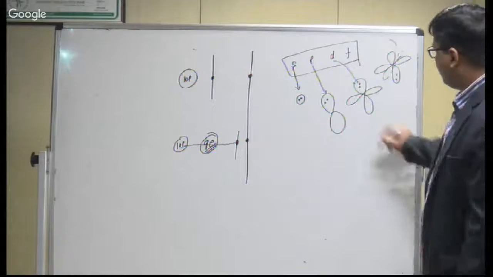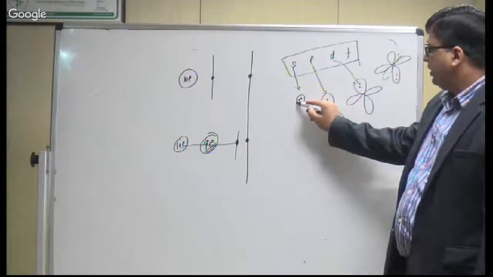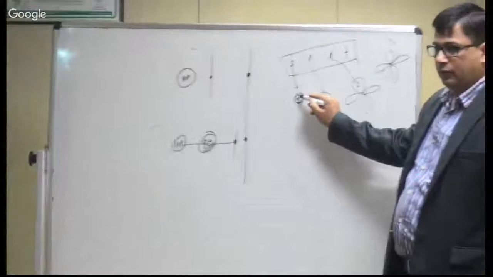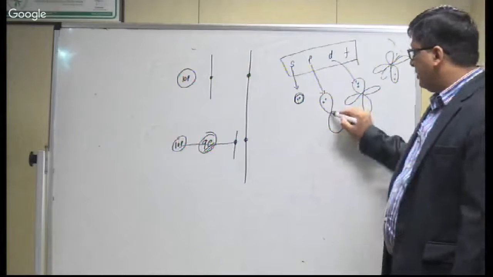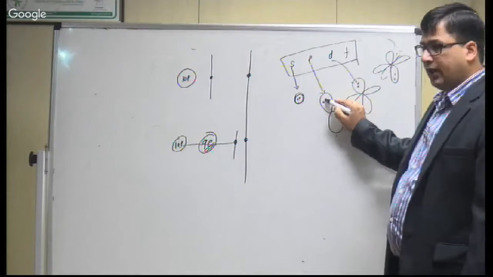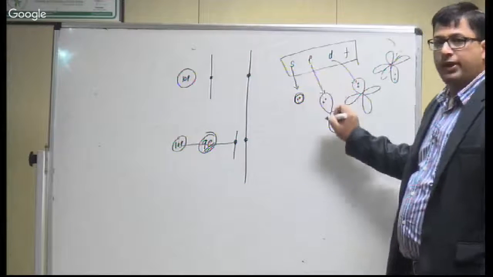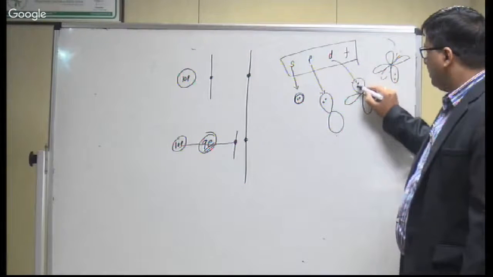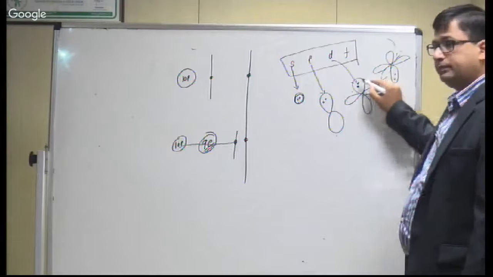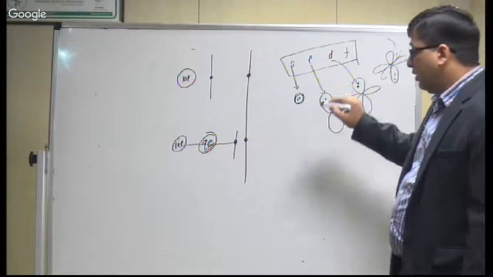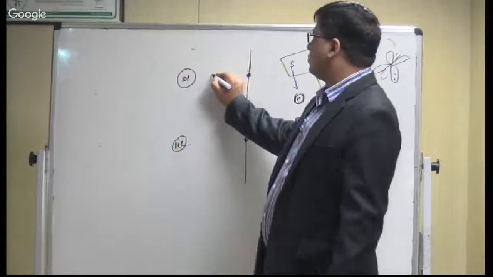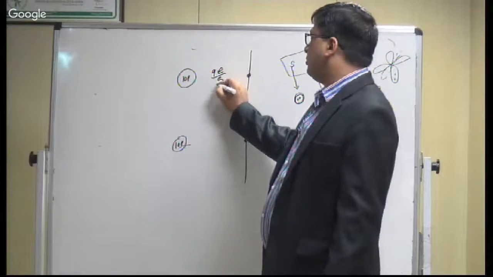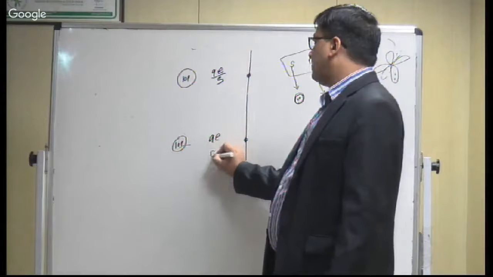Can we say that in the s orbital, there is only 1 lobe which consists of 2 electrons? So the electron density is very high. Whereas in p, there are 2 lobes with 2 electrons, the density is less as compared to s. In the d orbital, 2 electrons are present in the 4 lobes. Now, if I give you an example, let's say the 9 electrons are present in the d orbital.